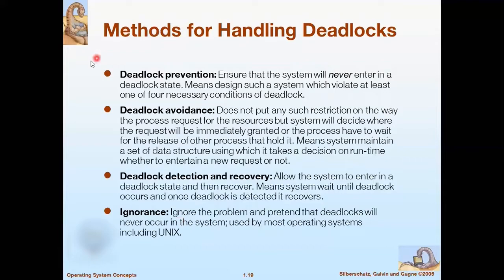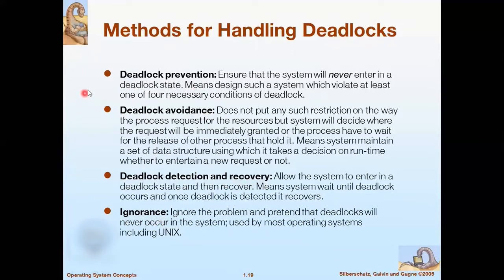Let's start deadlock handling methods. We already discussed what deadlock is and what the 4 conditions for deadlock to occur are. Now we discuss how we are going to handle deadlock. Here we have 4 approaches to deal with deadlock, and those are deadlock prevention, deadlock avoidance, deadlock detection and recovery, and ignorance.